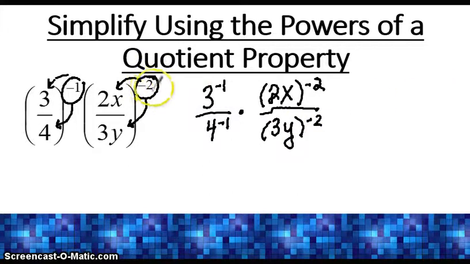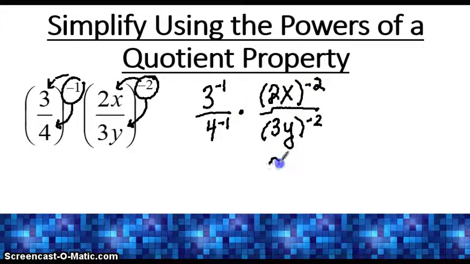Now we've simplified the power of a quotient property, but we now see multiplicative properties here. In both the numerator and the denominator, we have the power of a product. So we need to give this power to both factors in the product.